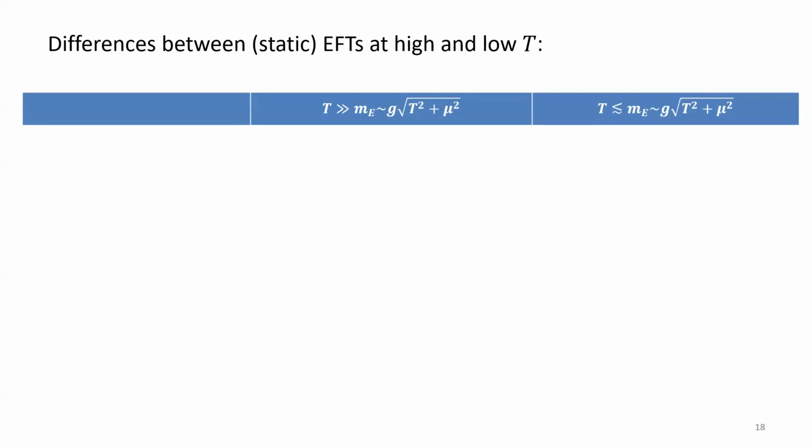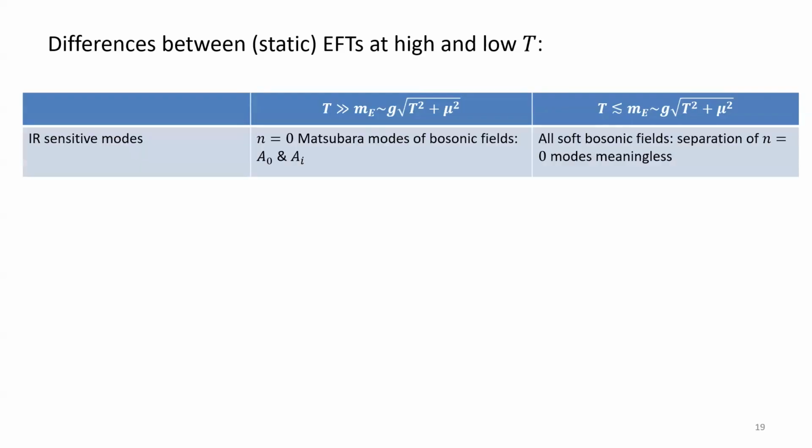And as long as the temperature stays much larger than this scale here, we can still use these simpler dimensionally reduced effective theories. But when T becomes of this order, let alone smaller than that, or goes to the zero temperature result, then we have to do something else.